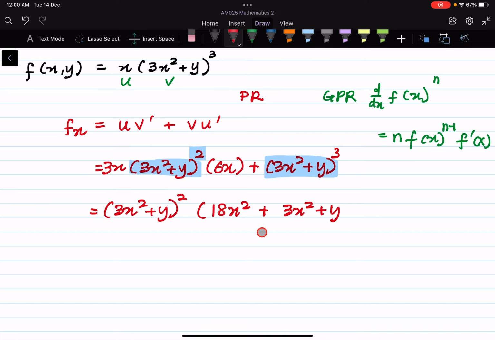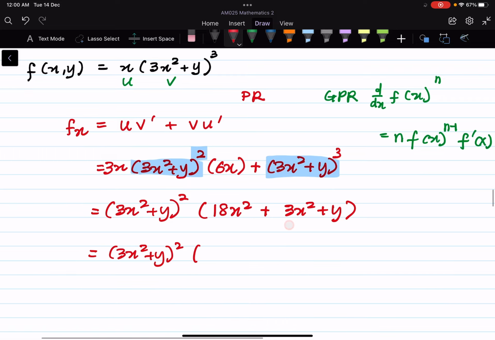So let us simplify this as (3x squared plus y) to the power of 2, and 18x squared plus 3x squared is 21x squared plus y. So that is for f sub x.